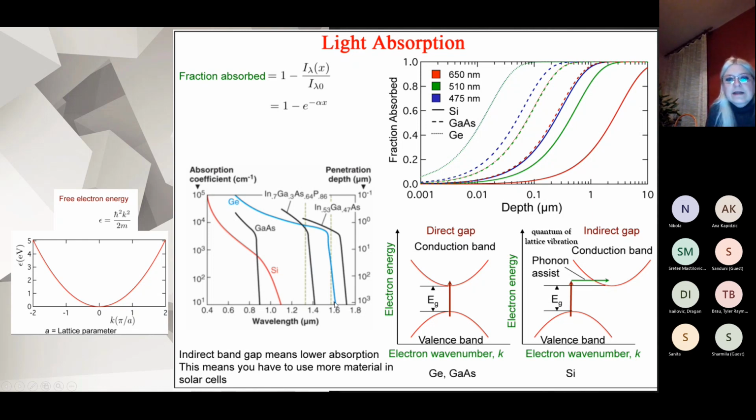Now it's important to say that the same semiconductor, in a different modification, can have a direct or indirect gap. For instance, crystalline silicon has an indirect gap. But amorphous silicon, which we also use in solar cells, has a direct gap.